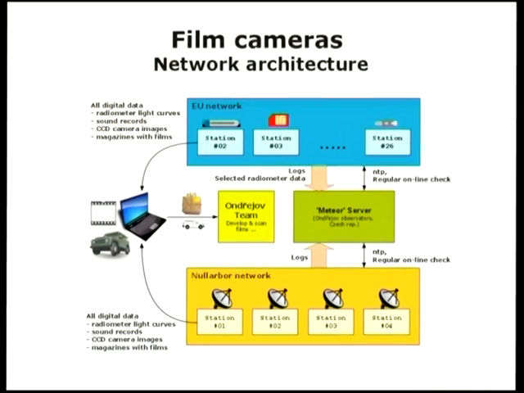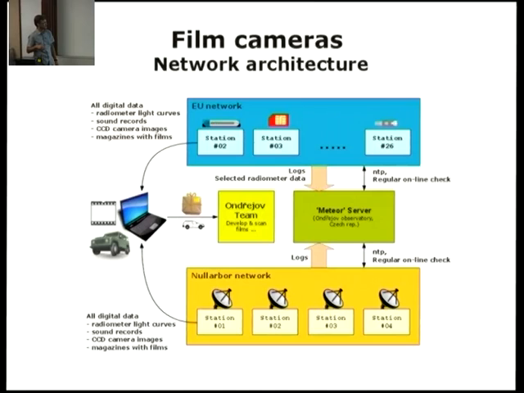So now we get to the film cameras network. This upper part is showing the blue cold northern hemisphere network. In the middle there is a server and a scientific team processing the data, and down here is the Desert Fireball Network of film cameras as it was running in the past.